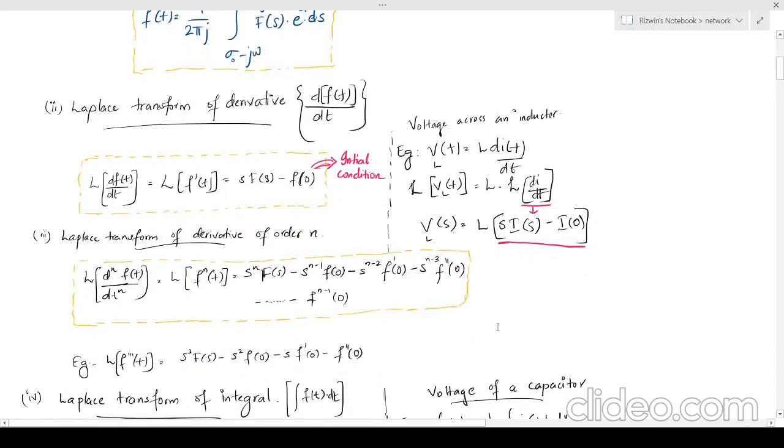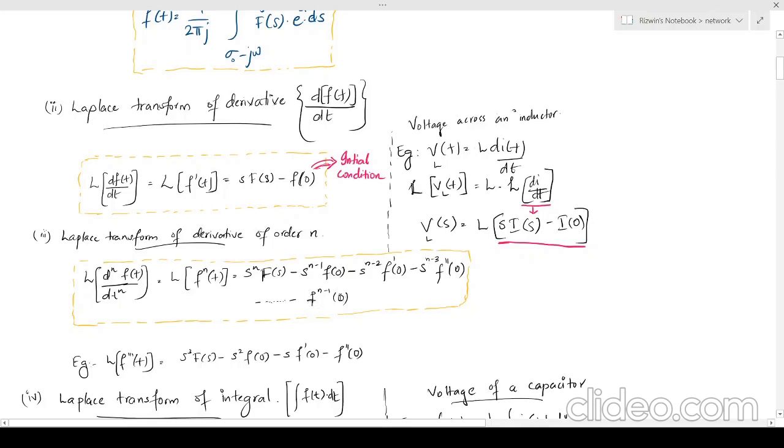Usually the time domain current is denoted by small i, and the Laplace transformed current is shown by capital I of s. Now if the derivative is of order n, the Laplace transform of d raised to n f of t by dt raised to n is given by s raised to n F of s minus s raised to n minus 1 f of 0 minus s raised to n minus 2 f dash of 0, and it goes on until the power of the s variable turns to be 0, that is s raised to 0 is 1, and that function will be f raised to n minus 1 of 0.